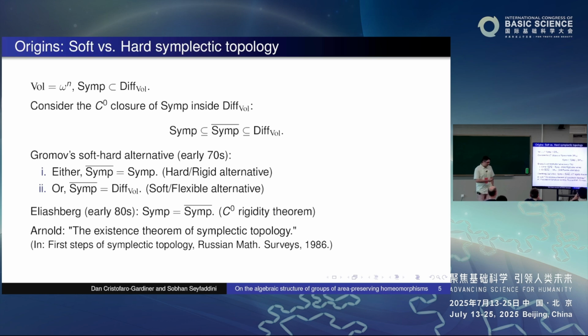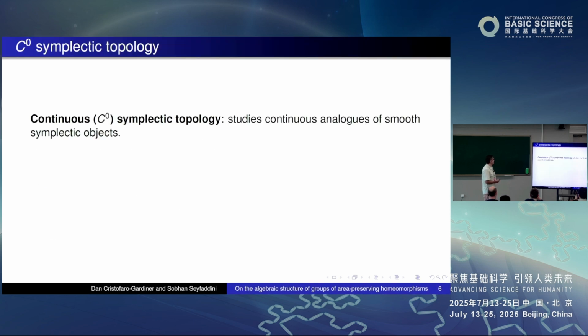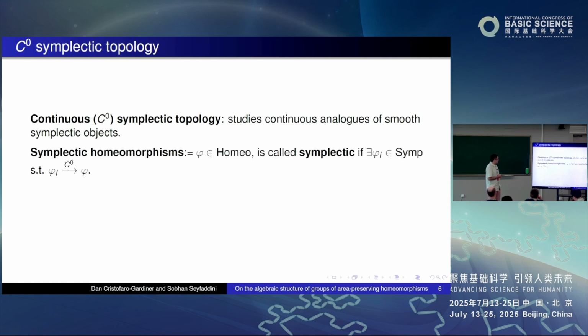Not only that, it gave rise to what's called continuous or C0 symplectic topology, which is a branch of symplectic topology that studies C0 or continuous analogs of smooth symplectic objects. For example, the most fundamental notion in the field is that of a symplectic homeomorphism. We say a homeomorphism of our symplectic manifold is symplectic if it can be written as a C0 limit of smooth symplectomorphisms.